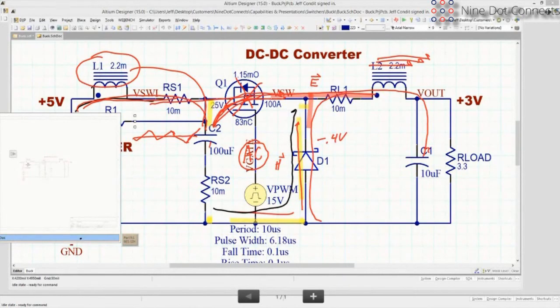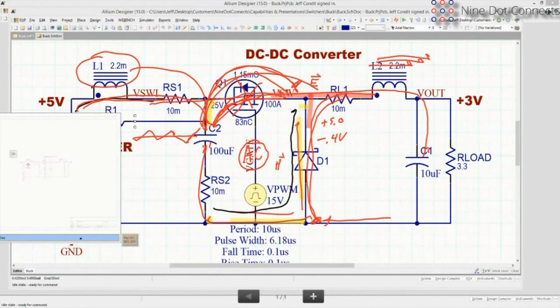And then when Q1 turns on, it's going to take basically 5 volts out of C2 and apply it, so the high voltage is going to be plus 5.0 volts, and the diode is going to be reverse biased. So there's a sudden switching of current from being sucked up from ground to being sucked out of the capacitor. When it's sucked out of the capacitor, it in turn sucks it out of ground. So ultimately it is all sucked out of ground, and that's why there's a DC flow in the ground path. I hope that kind of answers the questions.